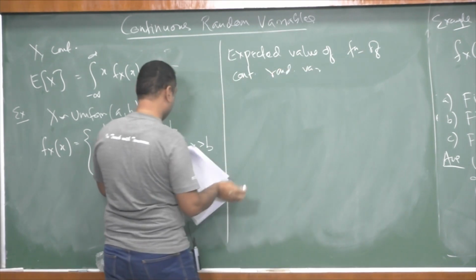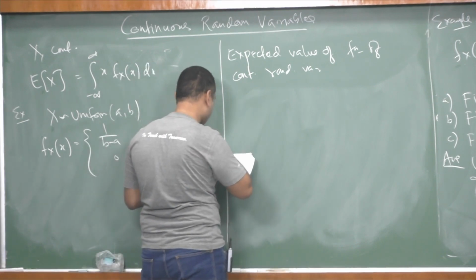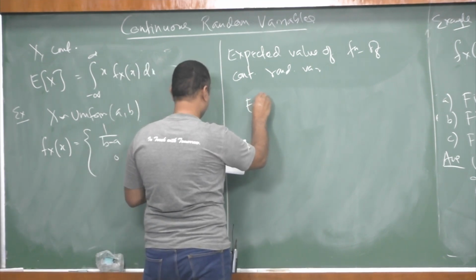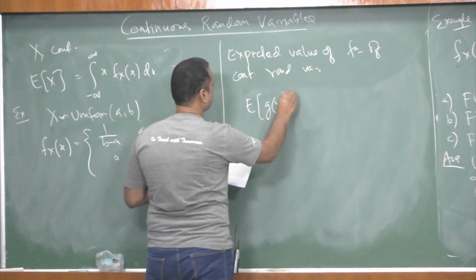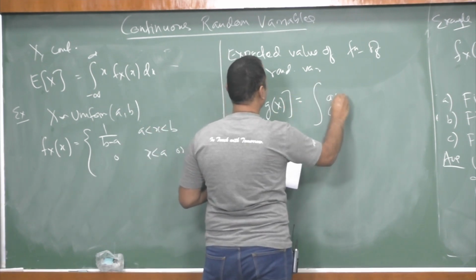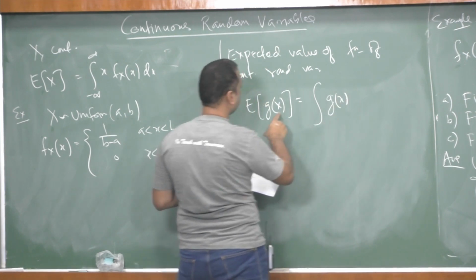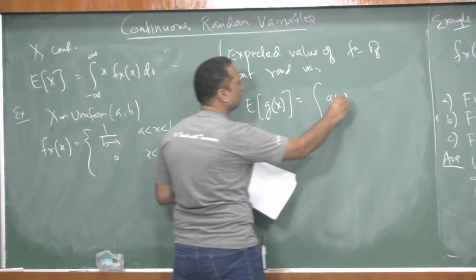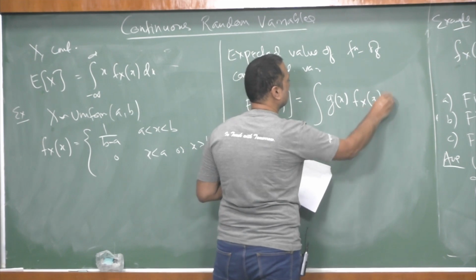Okay, so it's the same. It's just the integral will be there now. So if I want to compute expectation of a function of a random variable, then this will be integral of g(x), but then the PDF is of the x. Okay, so this is f_X(x) dx.